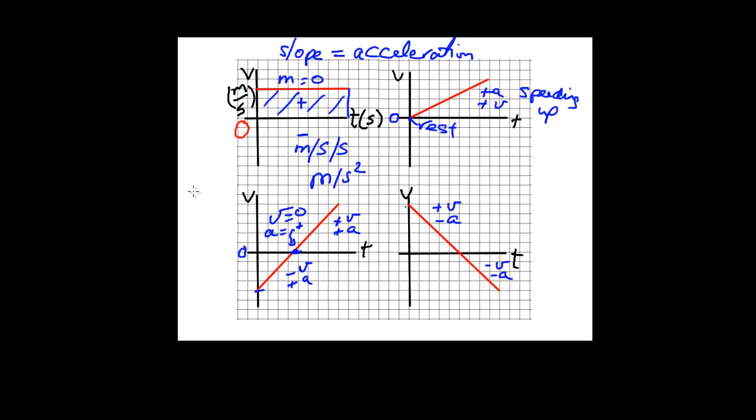So here's an object that starts fast forward, slows to a halt, right there, 0, and then turns around and goes in the opposite direction at an increasing speed. This, we'll find out, is an example of you throwing a ball straight up into the air. At the very beginning, it's got a high positive velocity. Just as it leaves your hand, it reaches its highest point and stops, and then it turns around and comes back towards you, going faster and faster.